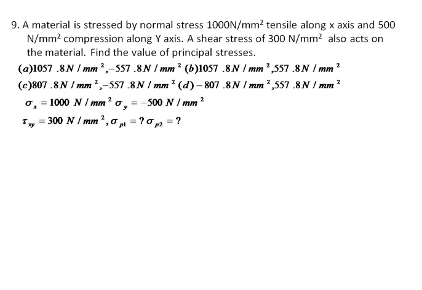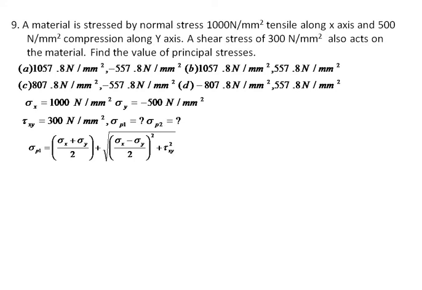I have kept the same data. Sigma x is equal to 1000 Newton per mm square, sigma y is equal to minus 500 Newton per mm square being compression, and tau xy is equal to 300 Newton per mm square. You are asked to find the principal stresses sigma p1 and sigma p2.